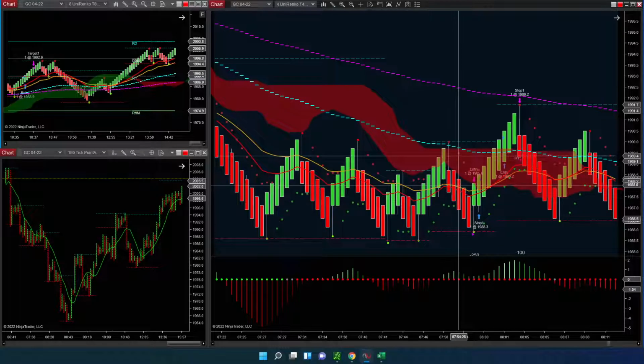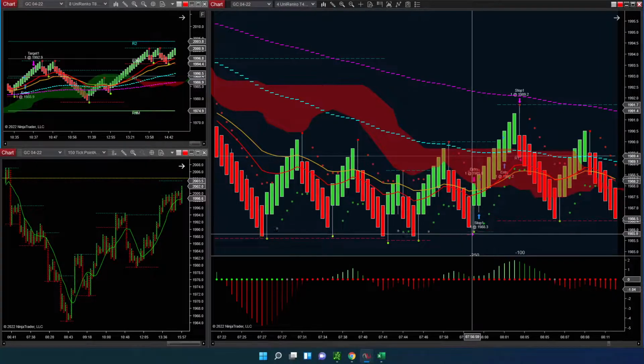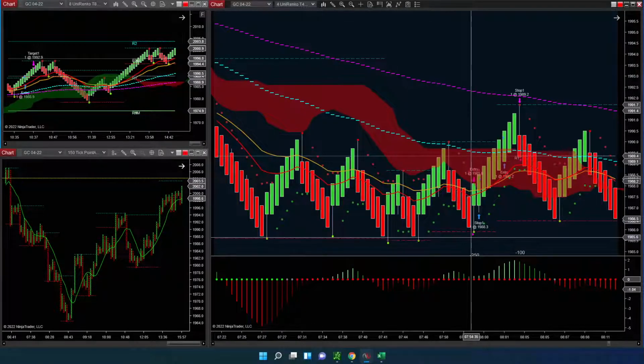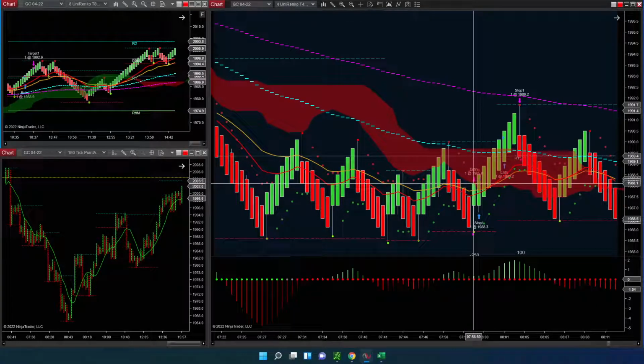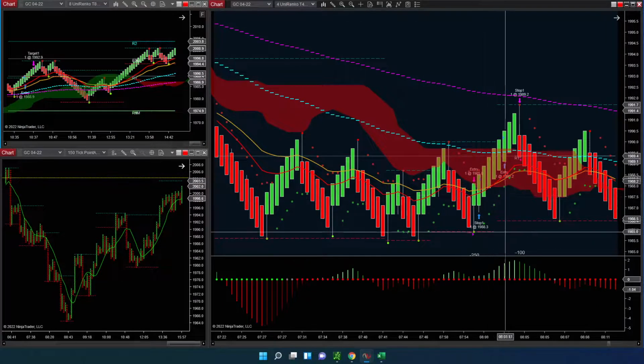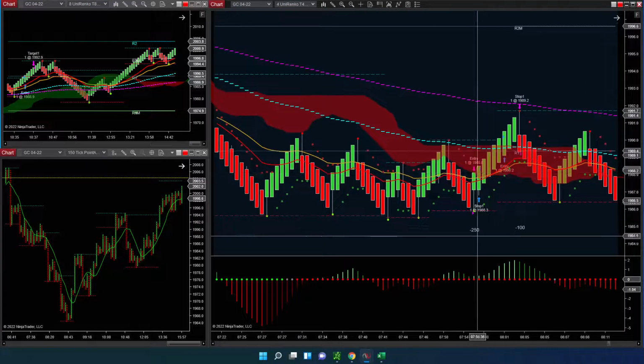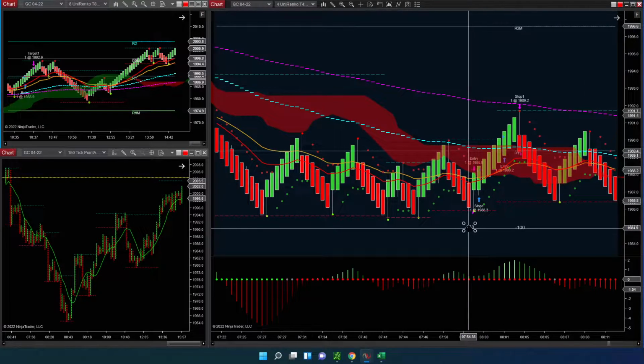I was saying, okay, now it's the fifth one, it's going to break. So I took it a little bit too early, and it didn't break. It went up on me, and the first trade was a loss of $250. I have it right there. Okay, so that is the first one.